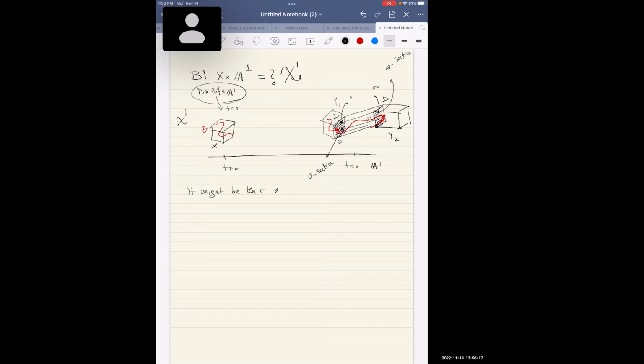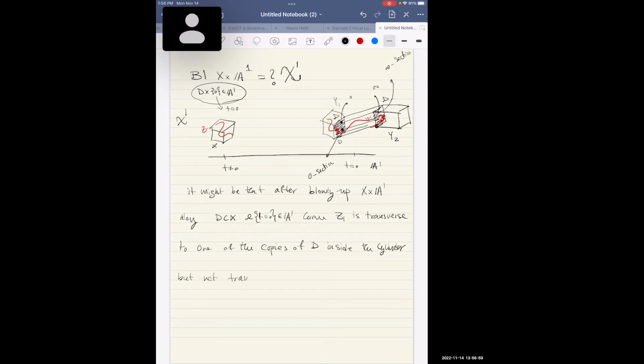So it might be that after blowing up X times A1 along D in X and t equal to 0 in A1, curve Z1 is transverse to one of the copies of D inside the cylinder, but not transverse to the other copy.